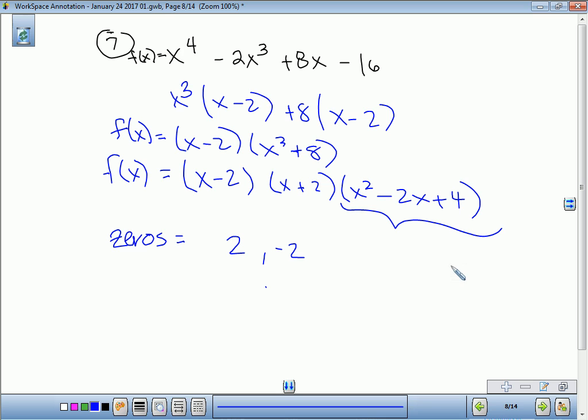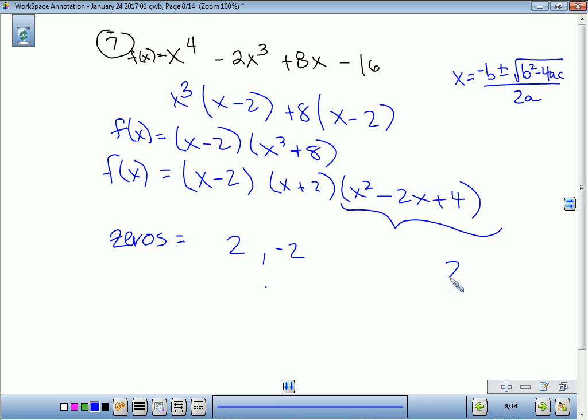Negative b plus or minus square root of b squared minus 4ac, all over 2a. You're welcome.